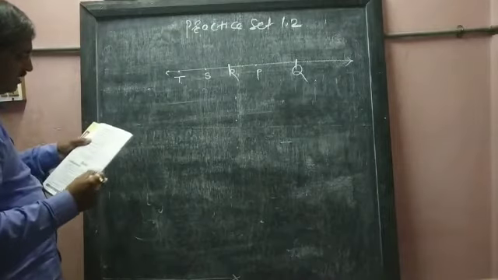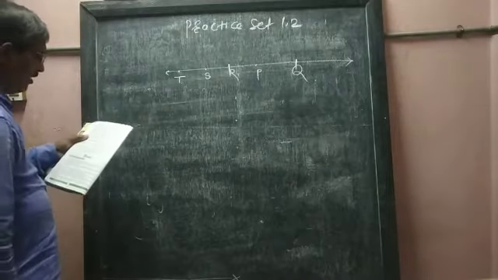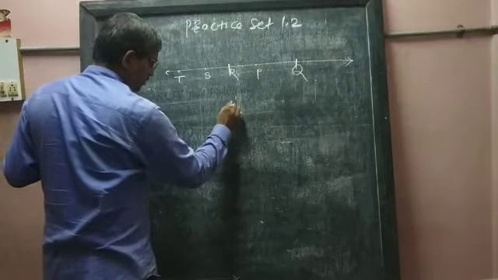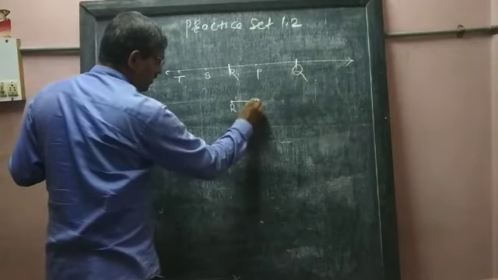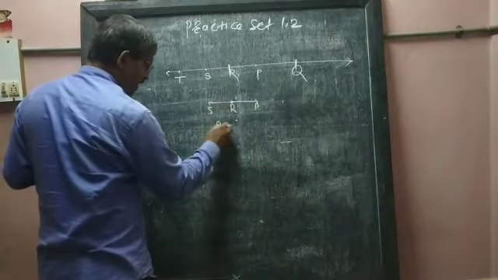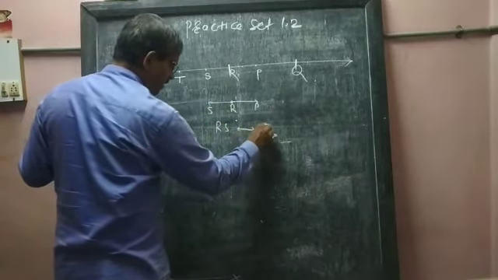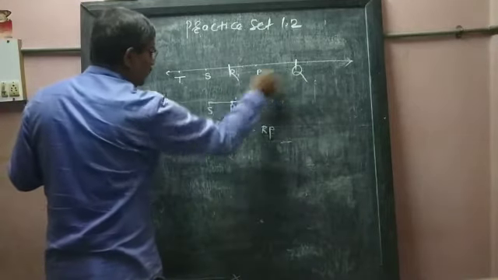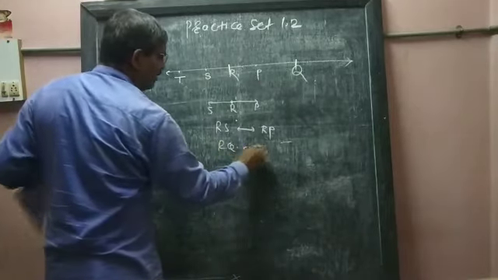Write the opposite rays with common end point R. Common end point R. Opposite ray means R is the end point. Then what will come? RP and here RS. Correct? Means RS and RP. Then RQ and RT. Yes.